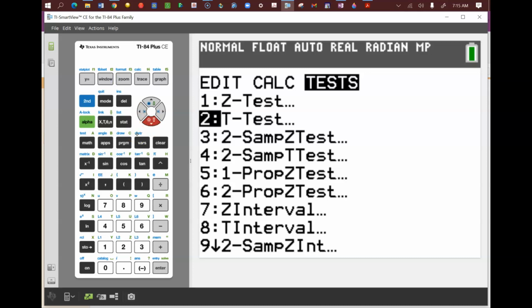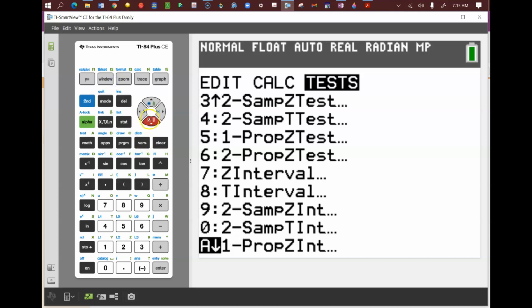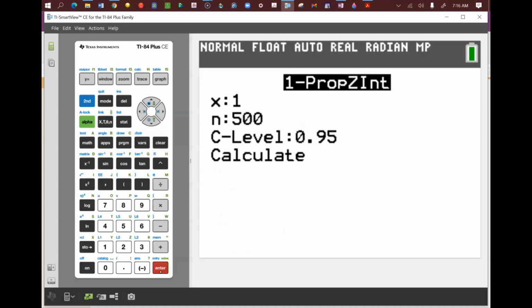So you'll see number 7, Z interval, number 8, T interval, number 9, 2 sample Z interval. We're going to keep going down until we find something that seems more appropriate for what we're doing. And when we get down to A, 1 prop Z int, so it's one proportion, we're constructing a confidence interval using a Z distribution. So select that one, and it brings you to here.